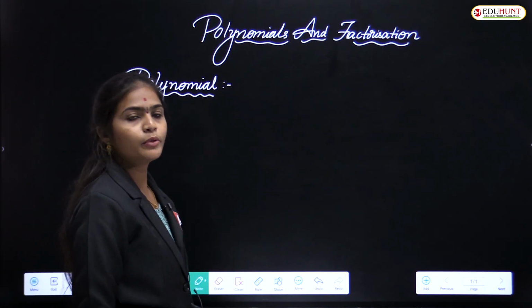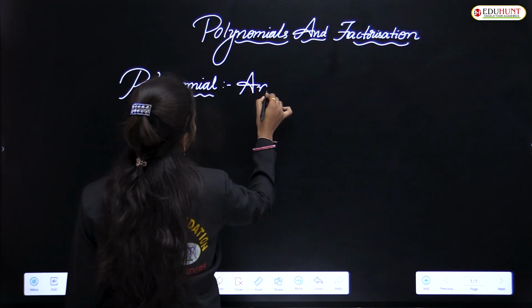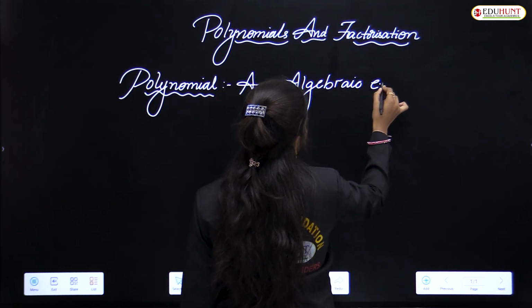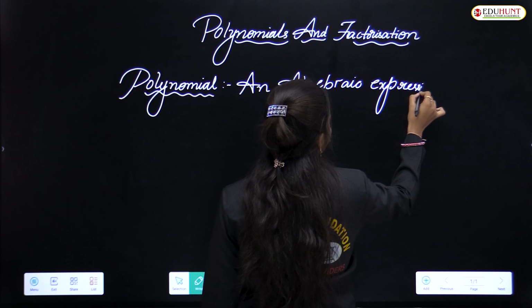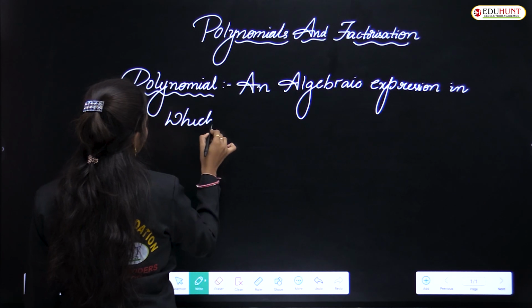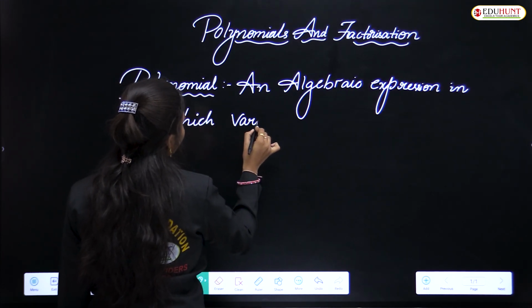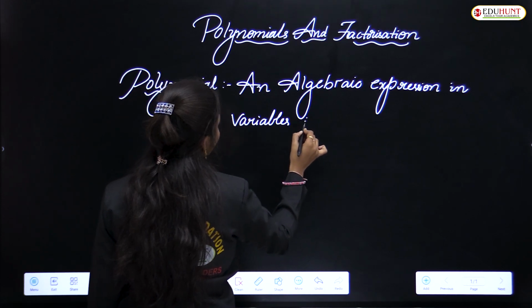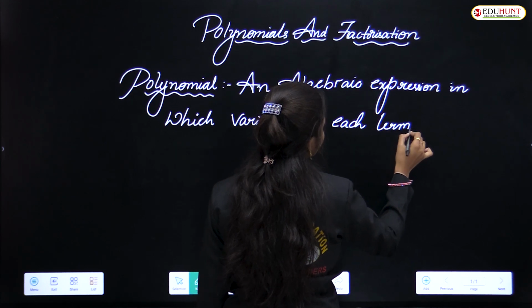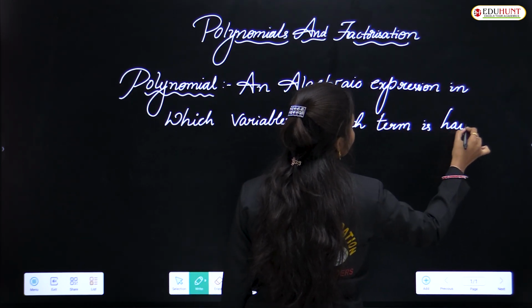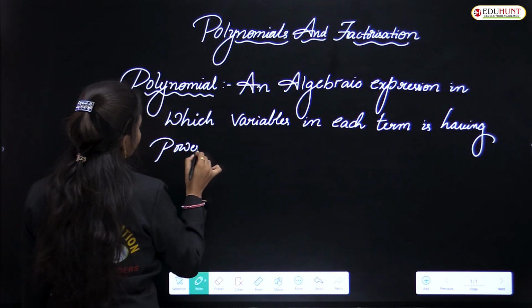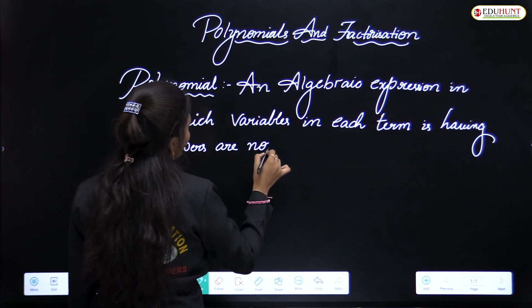So what does a polynomial mean? An algebraic expression in which the variables in each term have powers that are non-negative integers.